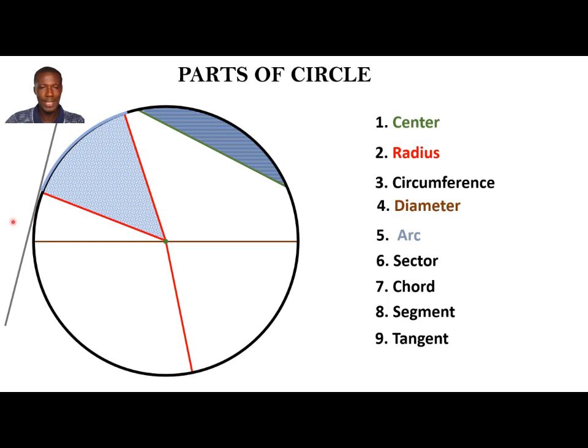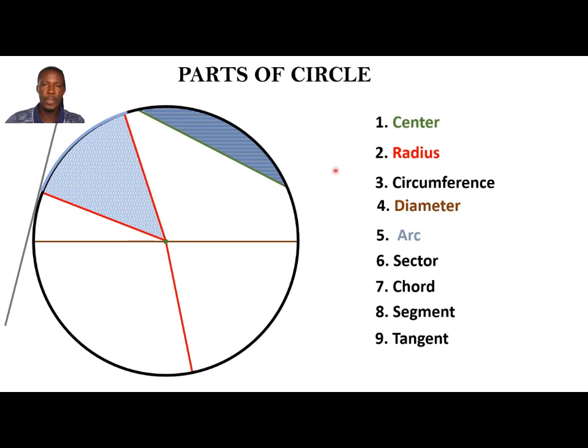This line, the tangent, touches the circle at only one point, and the point where the circle and the tangent line meet, from that point to the center is equal to the radius, and the radius meets the tangent line at 90 degrees. So this is how the tangent also relates to a circle.